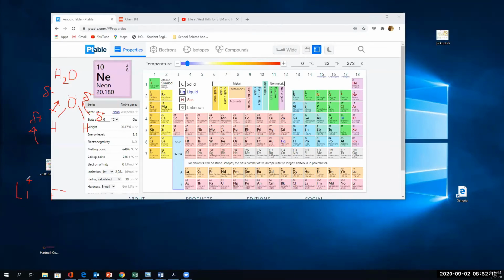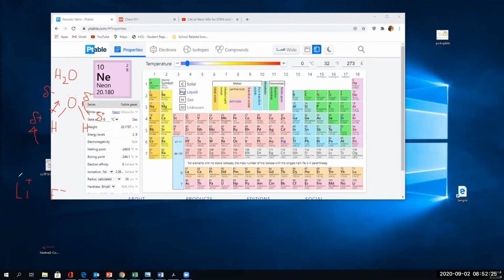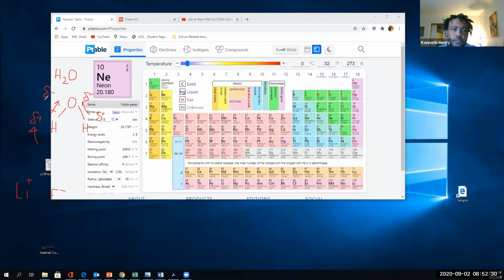So these are complete charges. This is complete positive, and this is complete negative. These are just a little positive compared to these, and this is a little negative. Do you guys understand what I'm saying there?